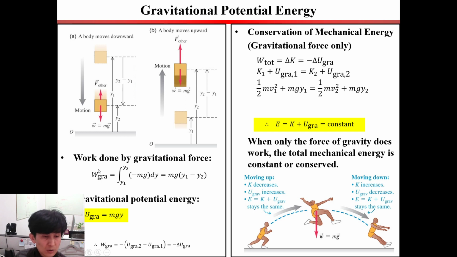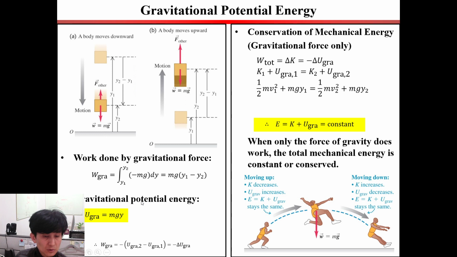So the work by the gravitational force is just minus mg, that is the direction downward. So I put minus mg, integral from y1 to y2 dy. So this is just a constant, so I put the constant outside of the integral, and the integral becomes y1 minus y2 because of the negative sign in front.